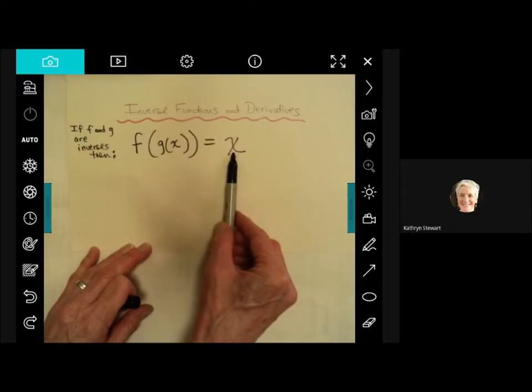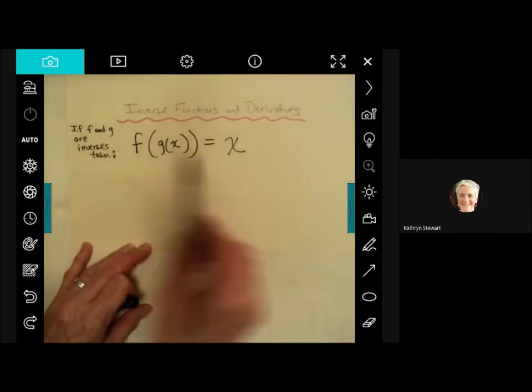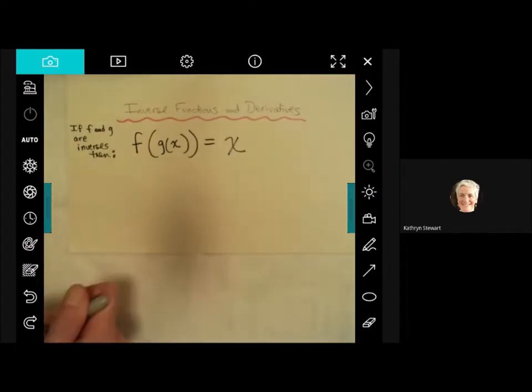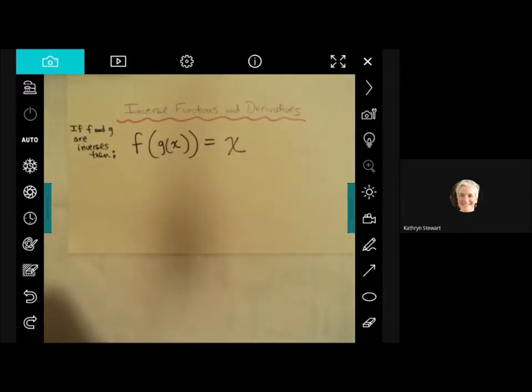Remember, an inverse undoes what a function does. Okay, now that we have that, I'm going to ask you to stop the video and take the derivative of both sides of this equation. Don't forget the chain rule. It's a little weird because of the notation, but you can do it.